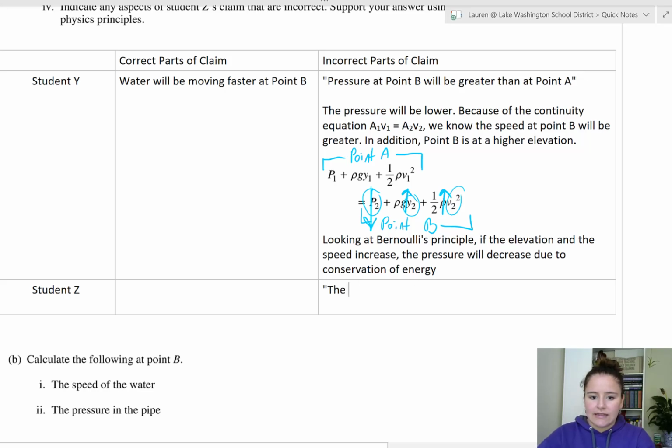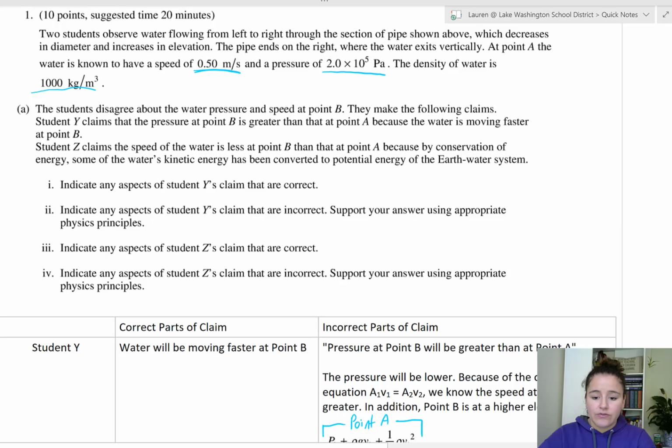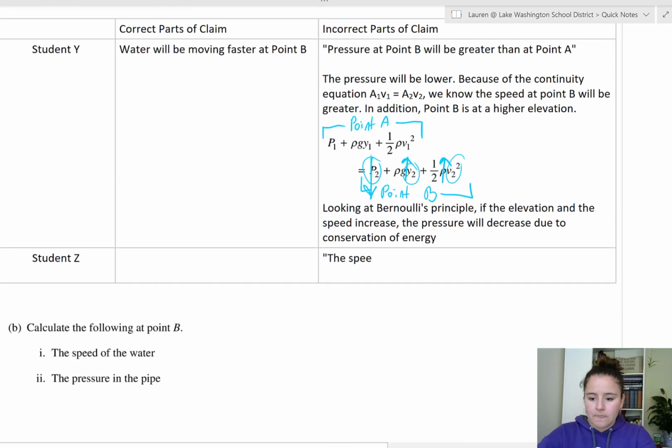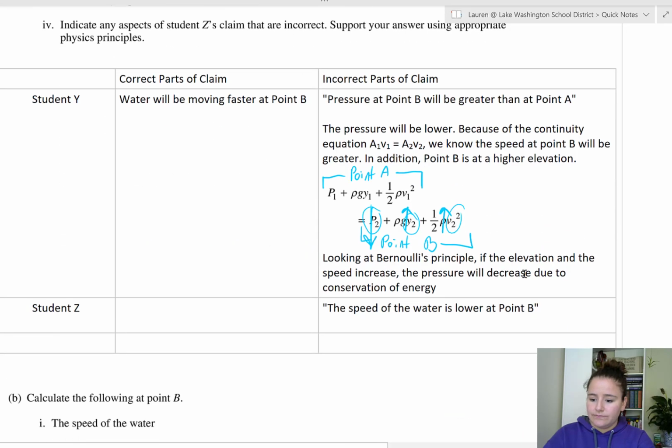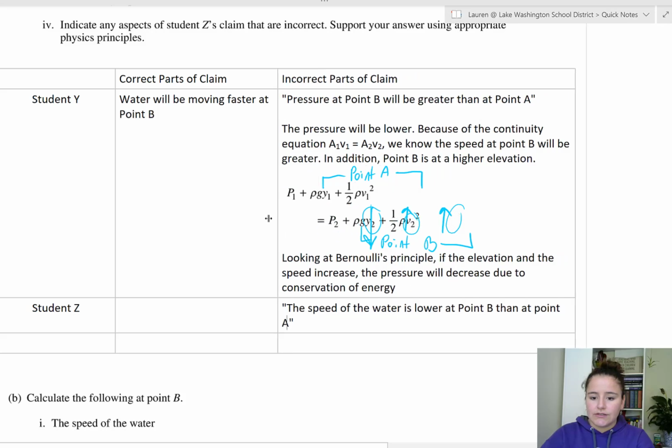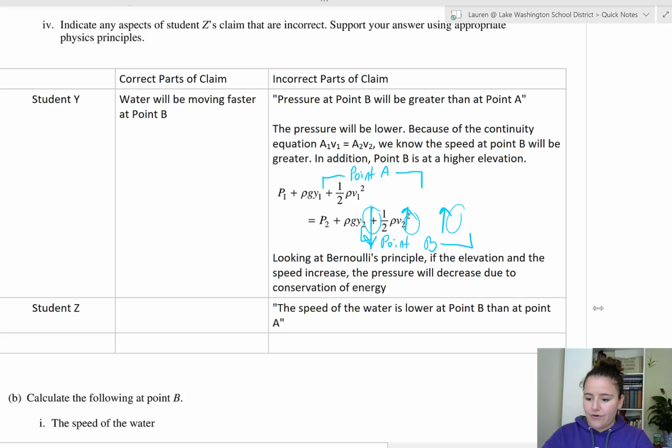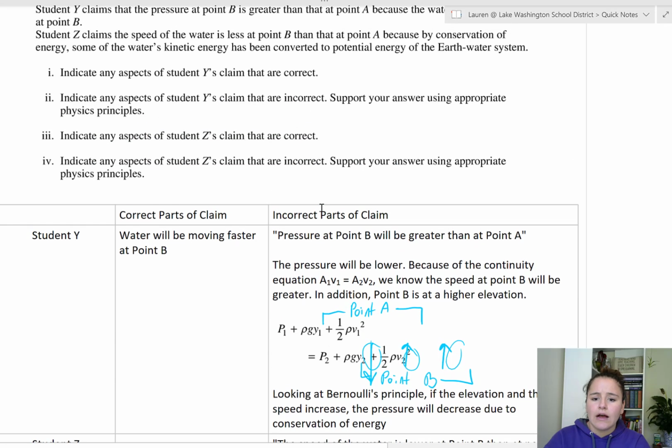So he said the speed of the water is lower at point B. Okay, now that is incorrect. Okay, that is just not a true story for this. And we already explained that in this part of our answer.